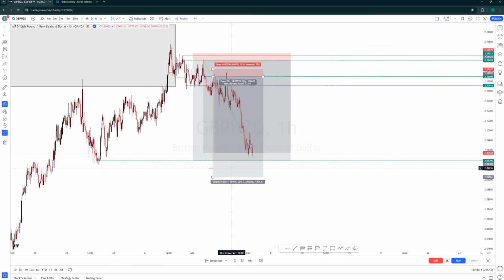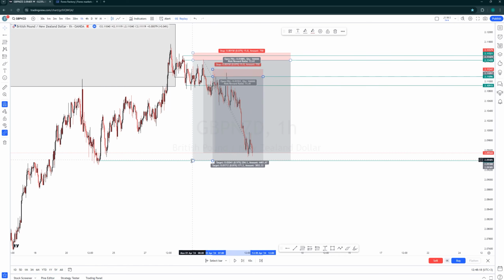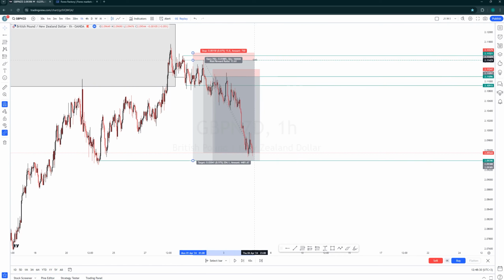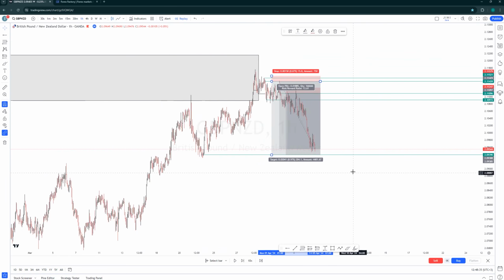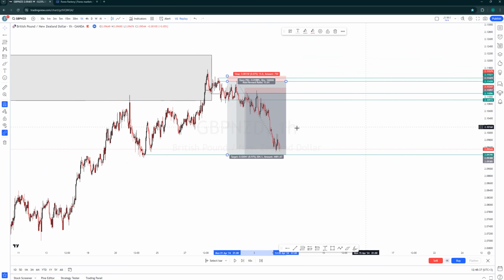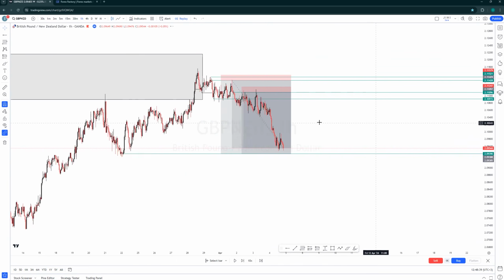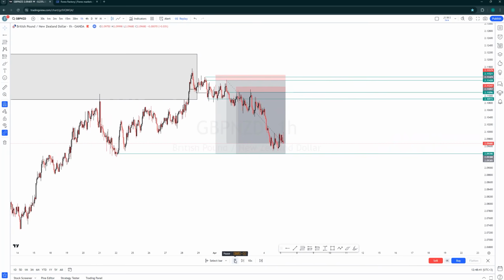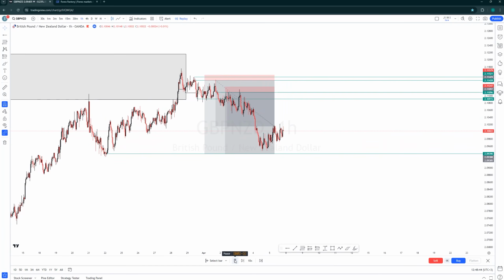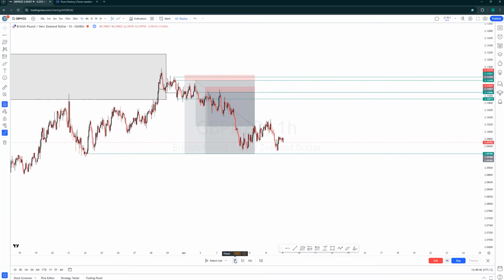As you can see, we had that move from this point to this point, 204 pips, and from this point to this point we have 171 pips. So this was a very simple trade to take, and that is how the price took that entry. The price just came and then activated our take profit.